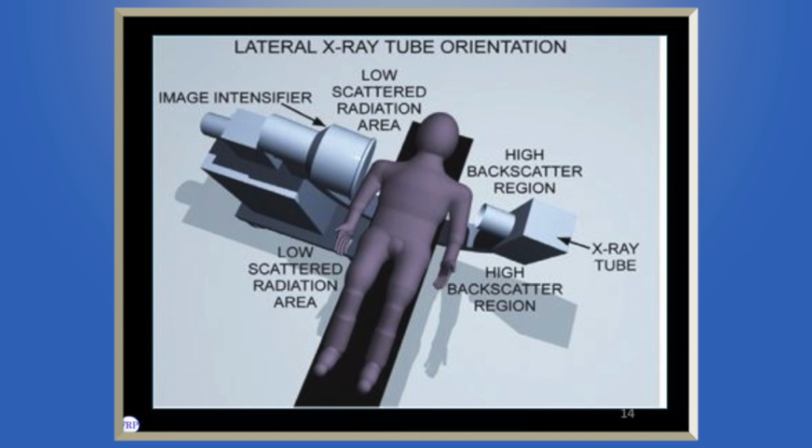And then it goes through the patient and to the image receptor. So the majority of the scatter is going to be where the beam enters the patient, because it's going to scatter straight back and then off to angles, where once it gets through the patient, you're only getting about 1% of the X-ray that actually went in. And so that's the low scatter side. So if you have to stand near it, you want to stand on the low scatter side.